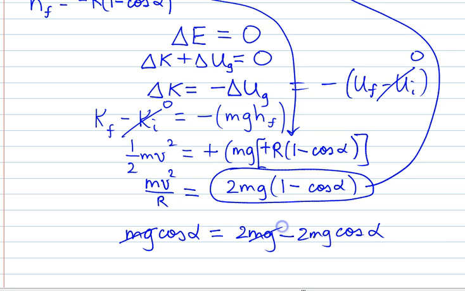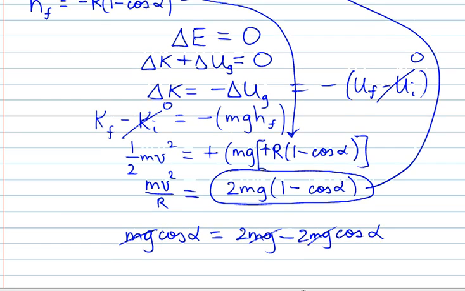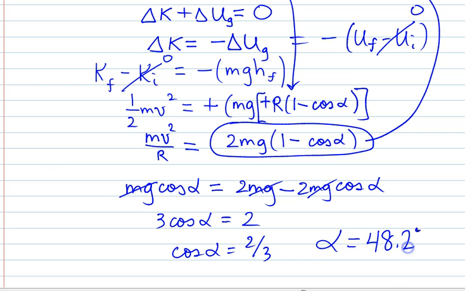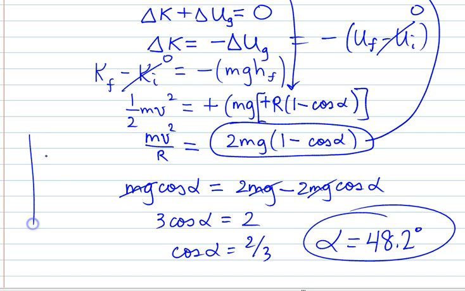We can get rid of our mg's, and we're left with 3 cosine alpha equals 2, so the cosine of alpha is 2/3, and that gives us alpha of about 48.2 degrees. That is the angle measured from the vertical when the skier will lose contact. In other words, that's where the normal force goes to 0.